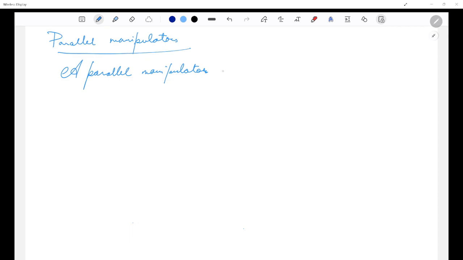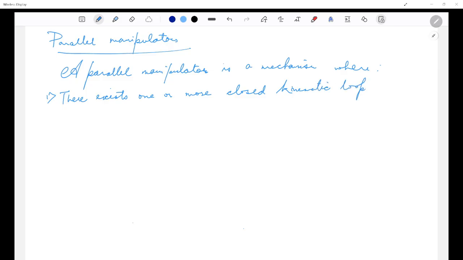Okay, so a parallel manipulator is a mechanism where there exist one or more closed kinematic loops, and there is no natural first or last link, right?